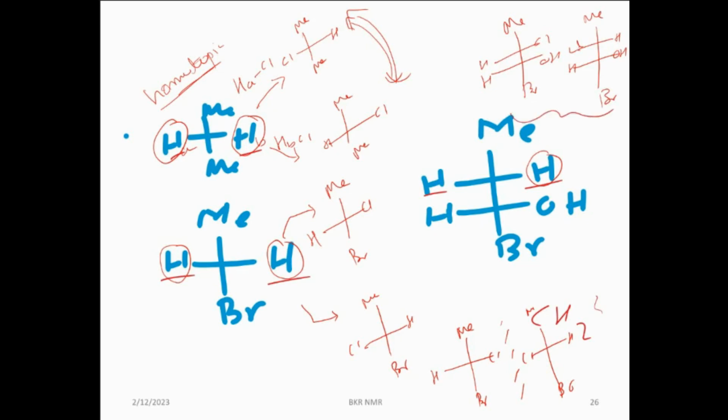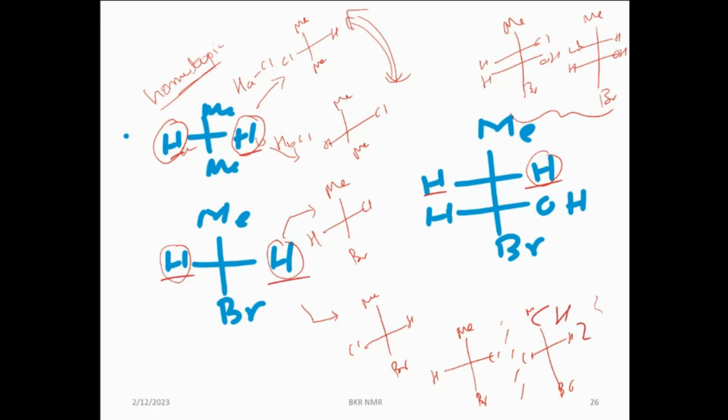No, ma'am. They are diastereomers. So when I exchange a methylene hydrogen one by one and get homomers, they are homotopic protons. When I get enantiomers, they are enantiotopic protons. When I get diastereomers, they are diastereotopic protons.